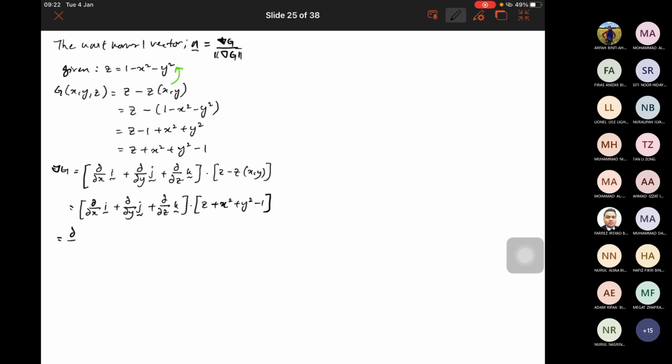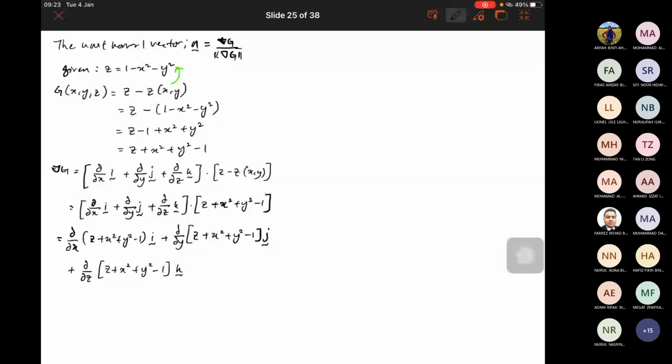So delta over delta X of Z plus X squared plus Y squared minus 1, I plus delta over delta Y of Z plus X squared plus Y squared minus 1, J plus delta over delta Z of Z plus X squared plus Y squared minus 1, K. Okay.